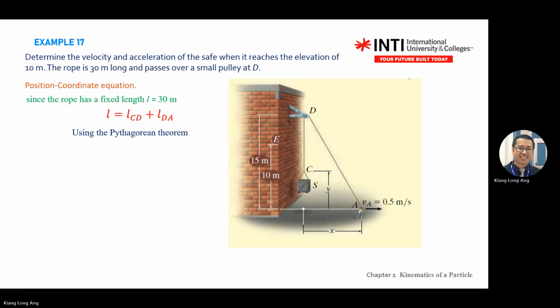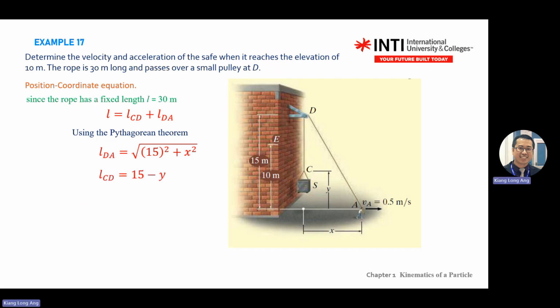So using Pythagoras, L squared equals this squared plus this squared, like 15 is the total height, plus x which you don't know. When you don't know, you just put a parameter. In dynamics, when you don't know, you just put an alphabet there. At the end, you will find it. Don't worry.